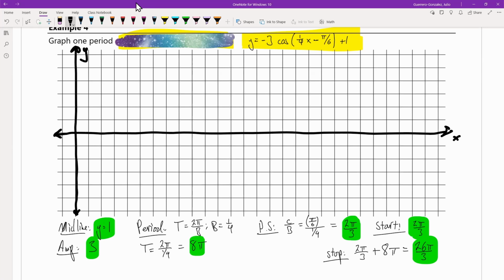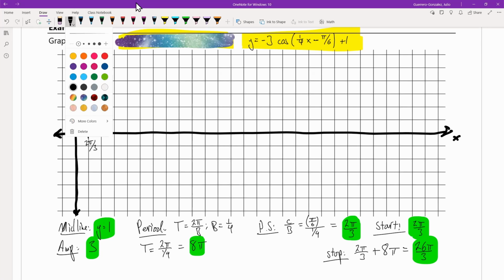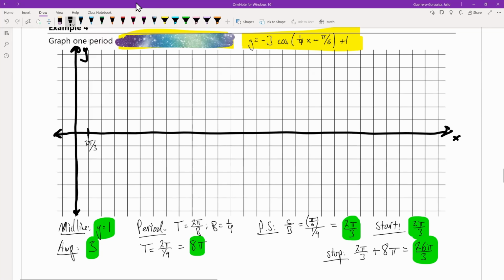There's going to be a reason for it, right? So this is going to be 2 pi over 3, okay? So that means 2, 4, 6, 8, 10 pi.